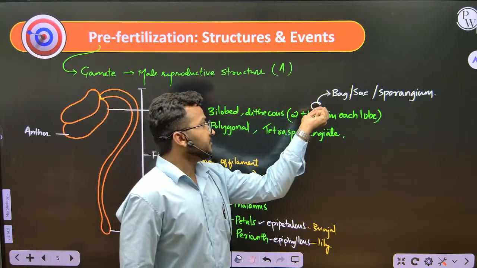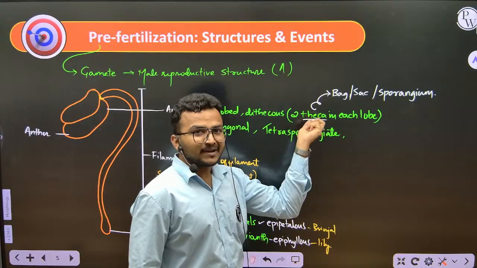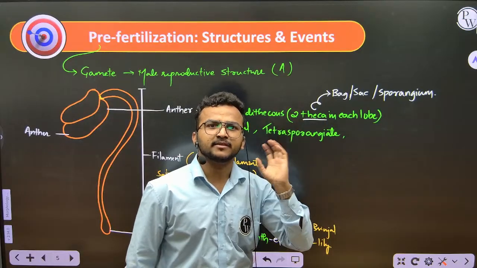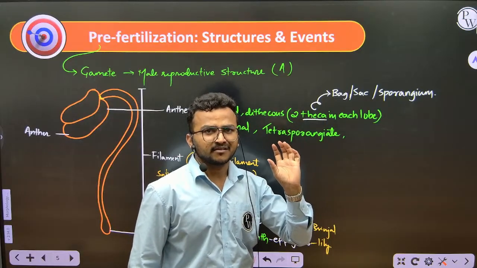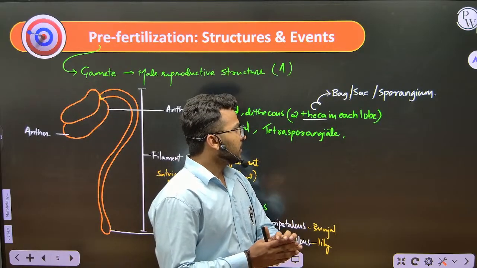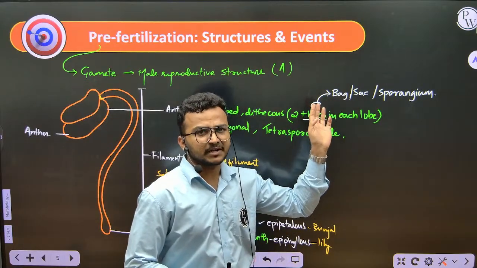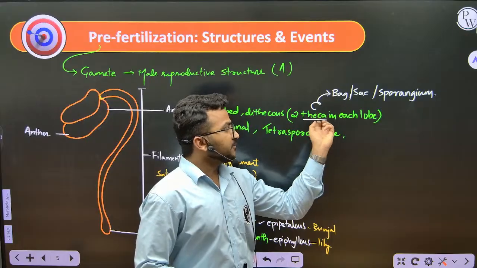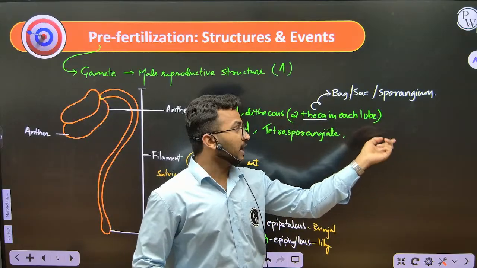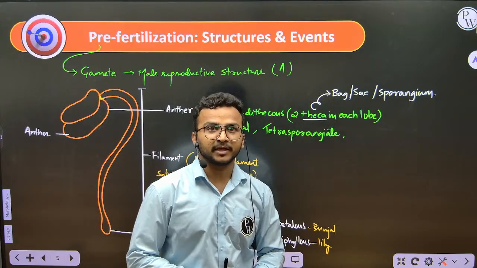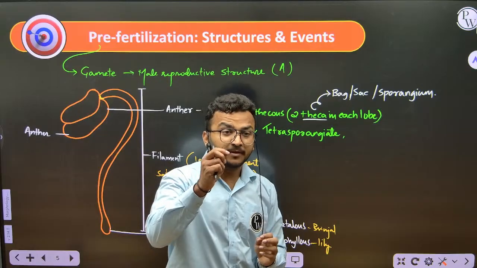See, if I call it theca, it means it is just enclosed with some normal tissue, and you can call it a sac also. And if it has sporogenous tissue, I call it a sporangium.